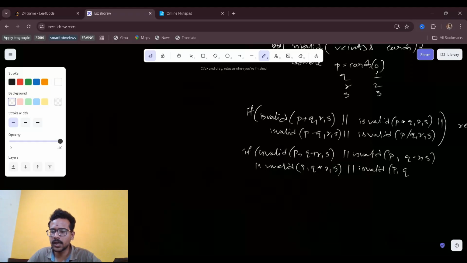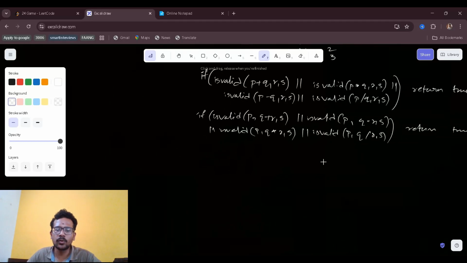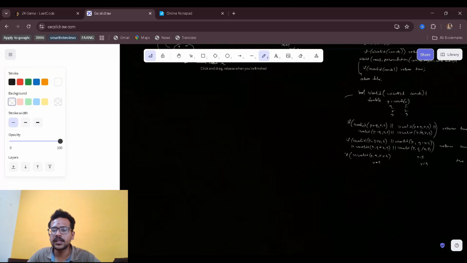If any of this is valid, return true. And I have left out only one thing: is valid P comma Q comma R plus S, and then R minus S, R into S, R by S. If any of this is true, I'll return true. So this is the first is valid function.